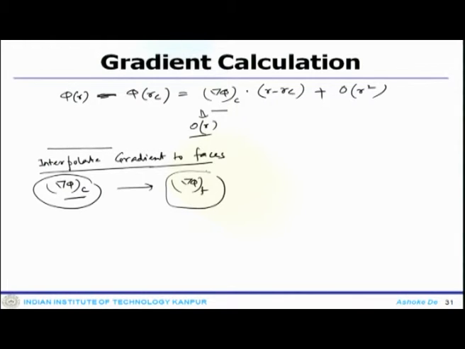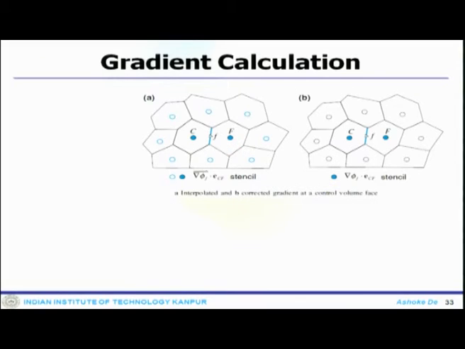So one can look at some simple stencil. So this is one stencil where it is an interpolated stencil, that means I have the cell center and then I want to calculate at the face, and the other case is the corrected gradient at the face.